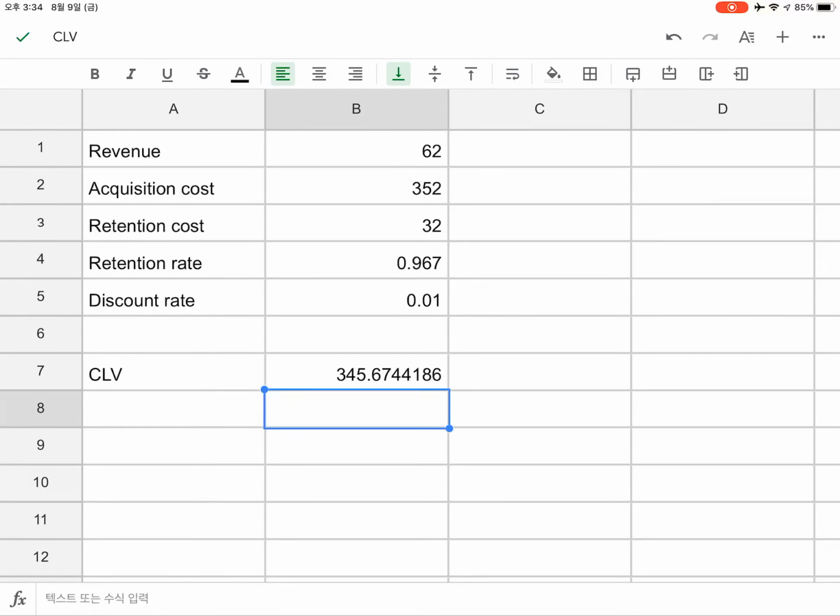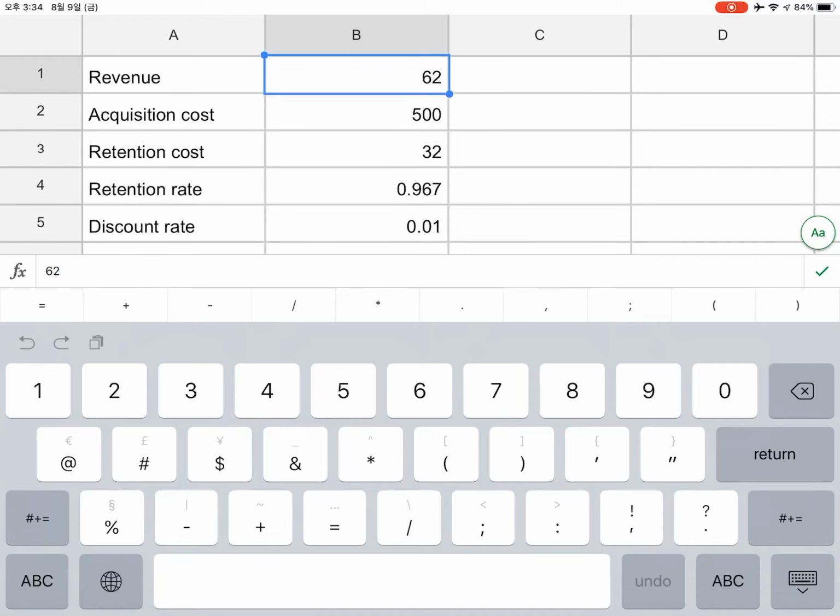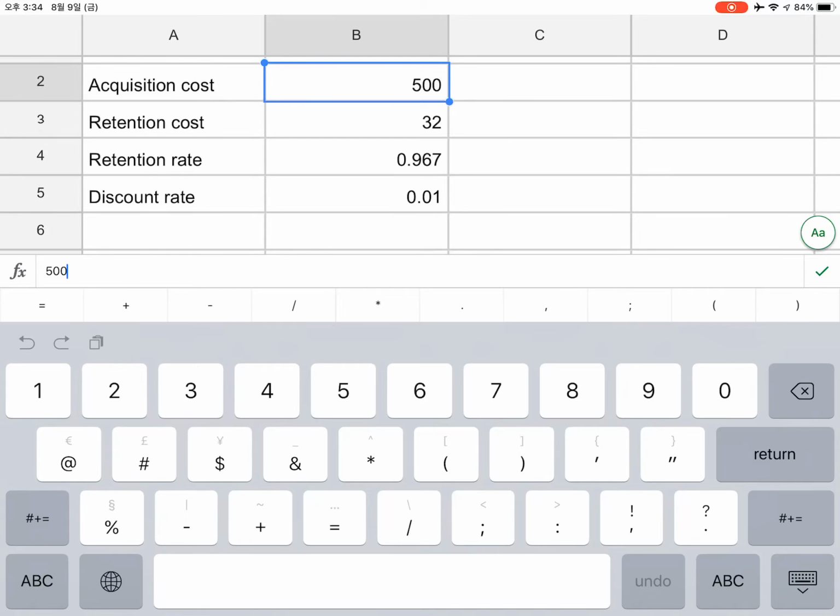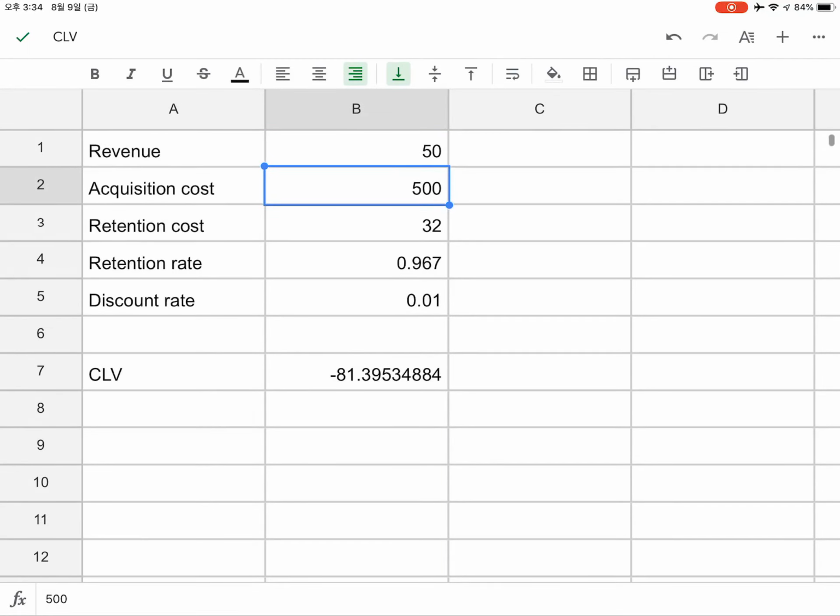By changing some metrics, cost $500, expected revenue per customer $50 per month, once you put in these metrics, you can get the CLV of this new acquisition customer, which will not be profitable, because the profit generated in the future will not be enough to cover the initial cost of acquisition.